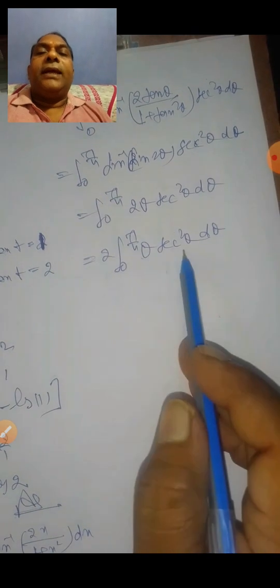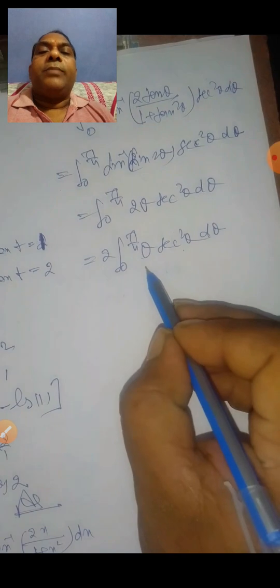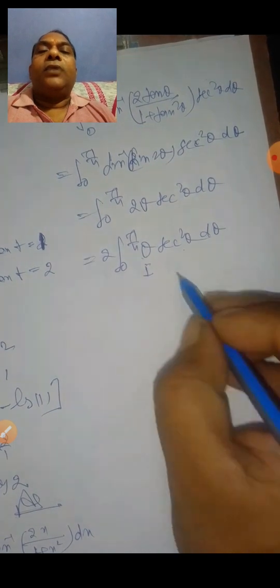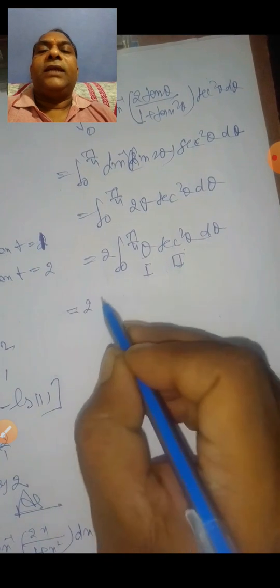Now apply here integration by parts. So according to Euler, theta will be the first function and sec square theta will be the second function.